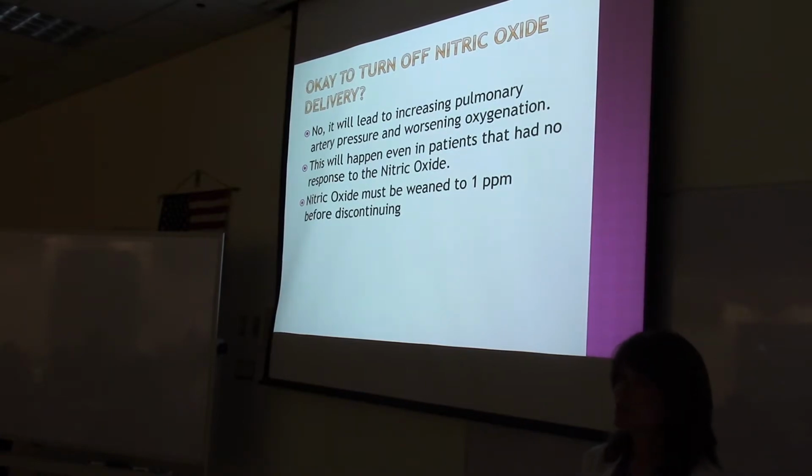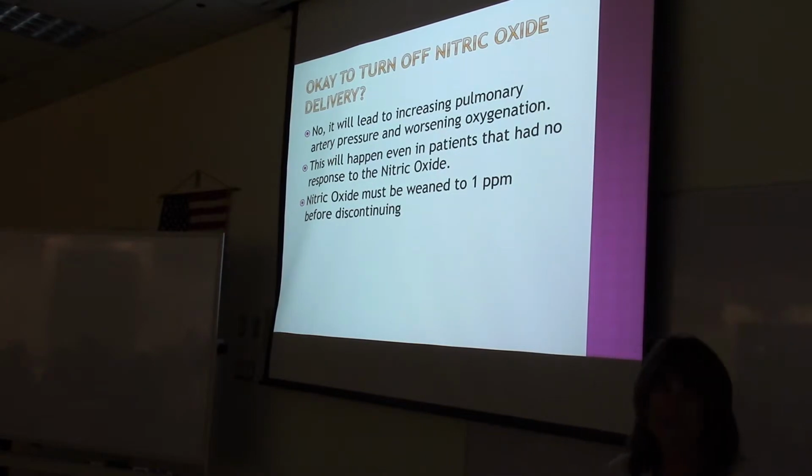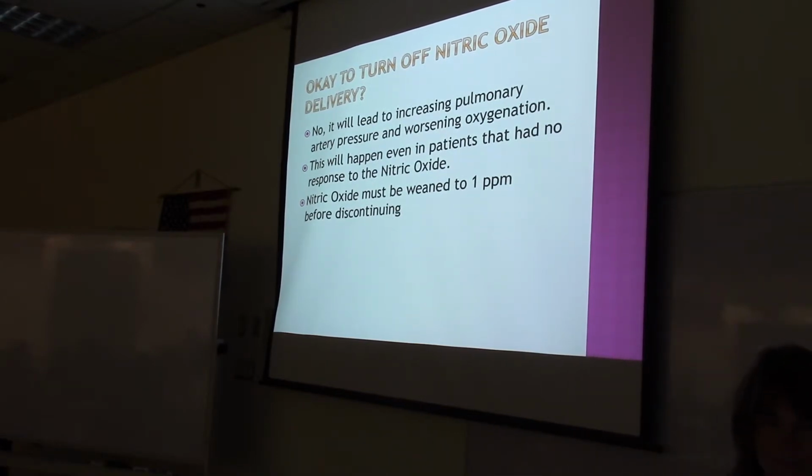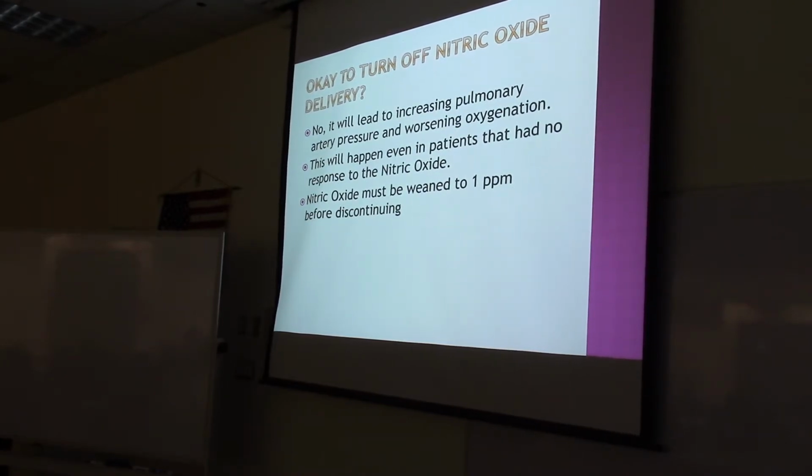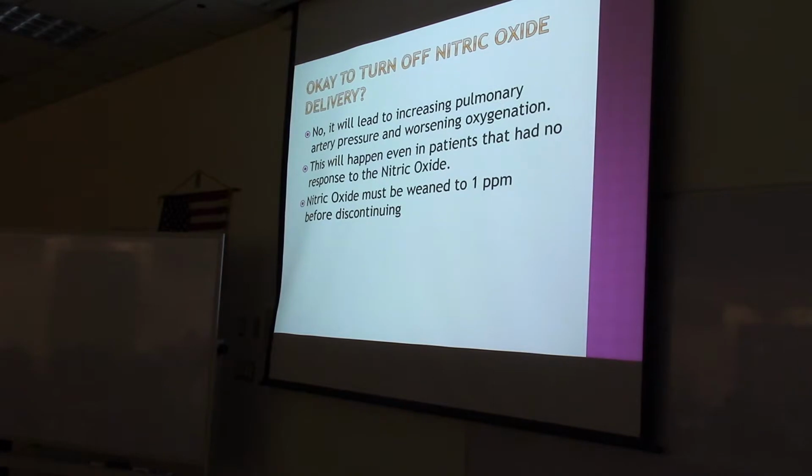So the only thing you can do is wean nitric oxide instead of directly turning it off. Even if the patients had no response to nitric oxide, you still have to wean it down to 1 part per million before discontinuing.